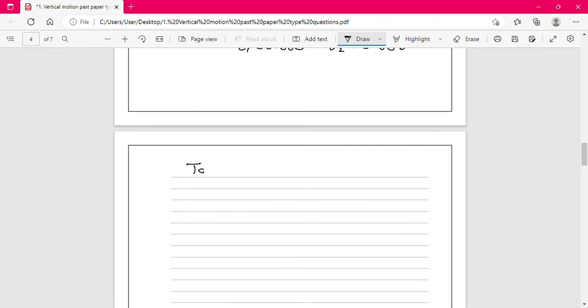So total time for which the ball is 5 meters above the ground will be obviously the difference between the two times that we have got by solving the quadratic.